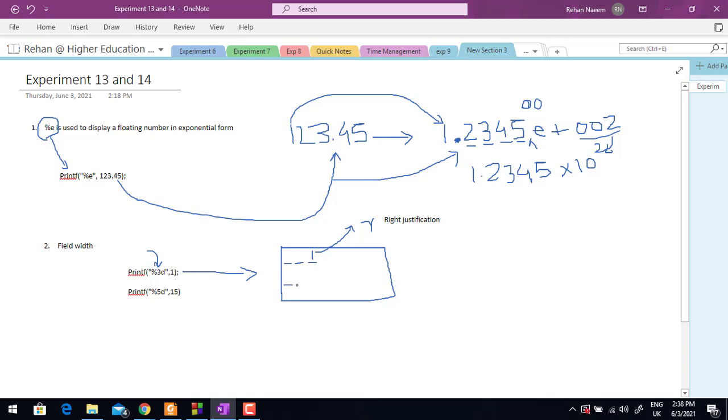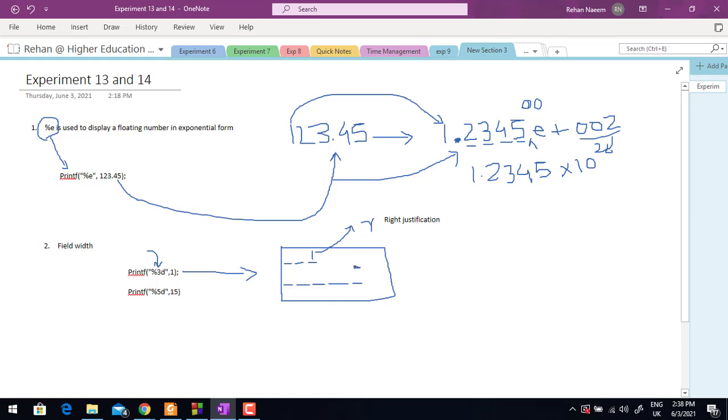So 1, 2, 3, 4, 5, 5 spaces starting from the corner or from the left hand side of the screen. 5 spaces will be allocated for 15 and 15 will be printed starting from the right hand side.